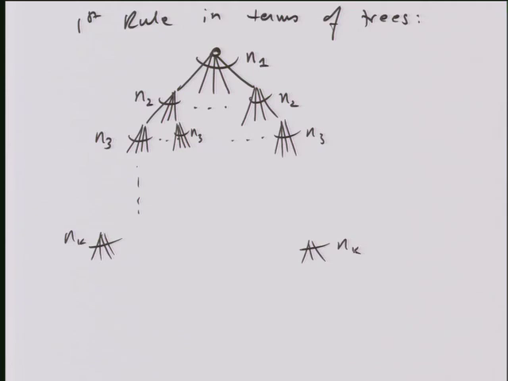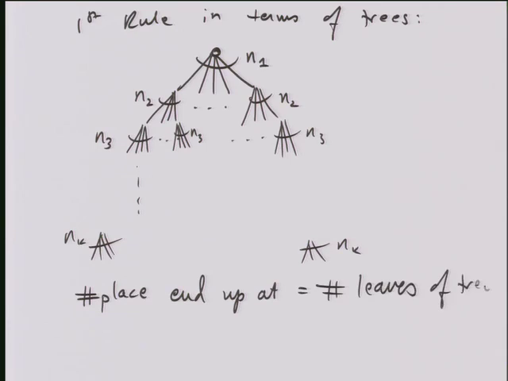So you're walking down, you follow any old path that you want to, and then you end up down at the bottom, and you want to know how many possible places could you end up at. So this number of places you can end up at, which is the number of leaves of the tree, is equal to n1 times n2 times so on, nk.